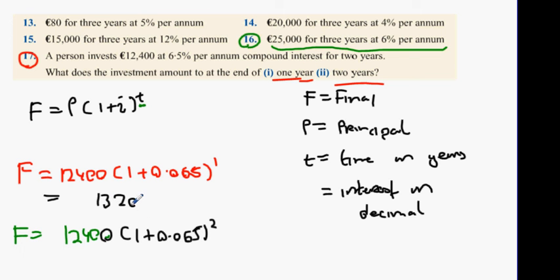Okay, and the one after that? 12,400 multiplied. Yeah? No, you put in an extra 0 there. 14,064.39. Okay. You got it wrong. Okay.